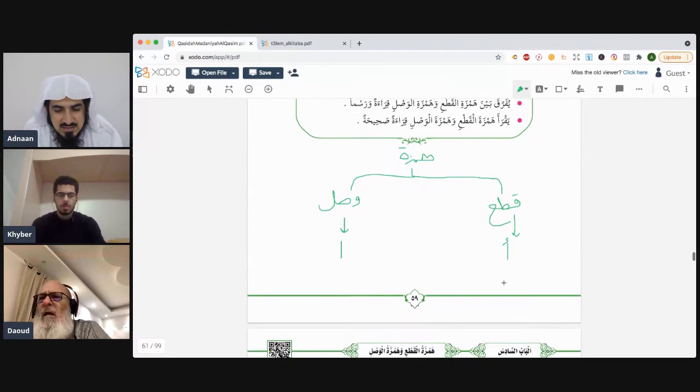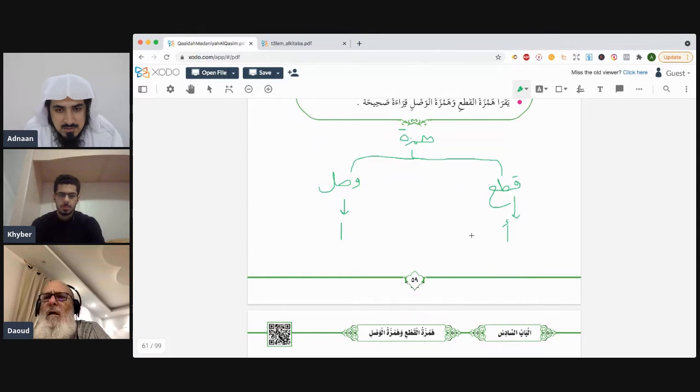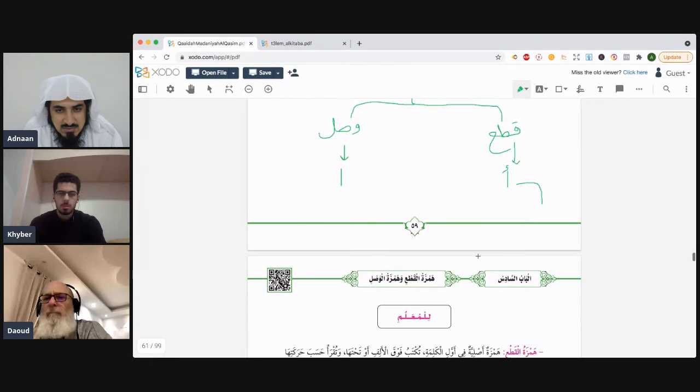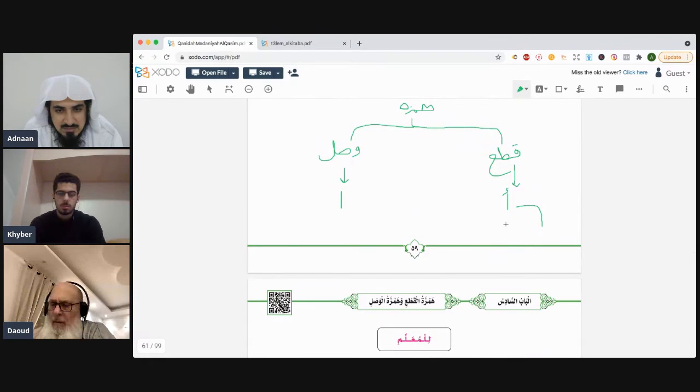Then we said that when it comes to pronunciation, both of them are either going to come at the beginning of the sentence, where we read them both regardless.